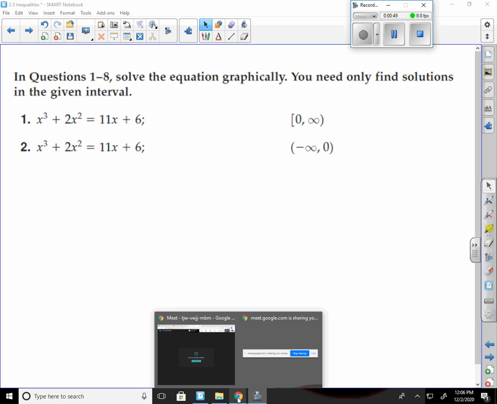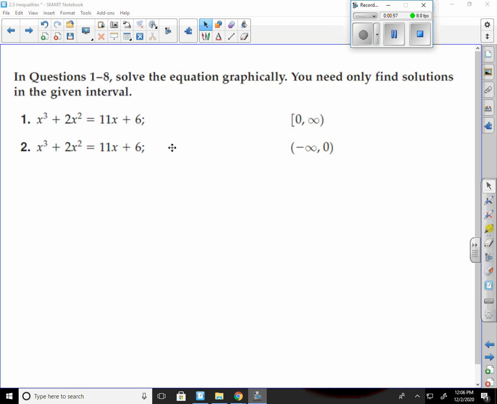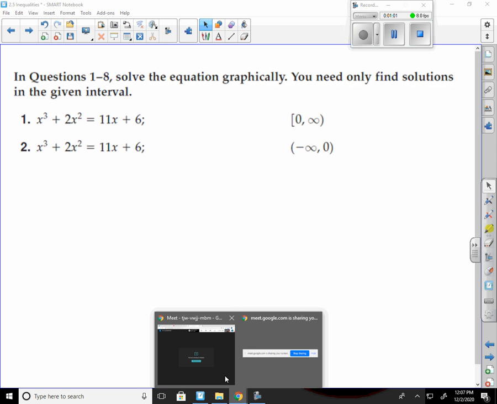So in order to solve it graphically, and this is kind of nice for your chapter test on Monday, what you'll need to do is you can enter this into Desmos. A couple different ways we can do it, if you'll recall.